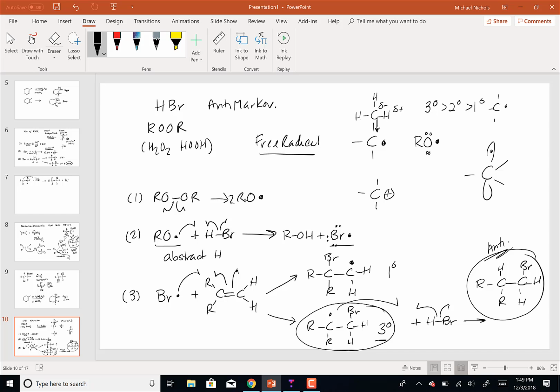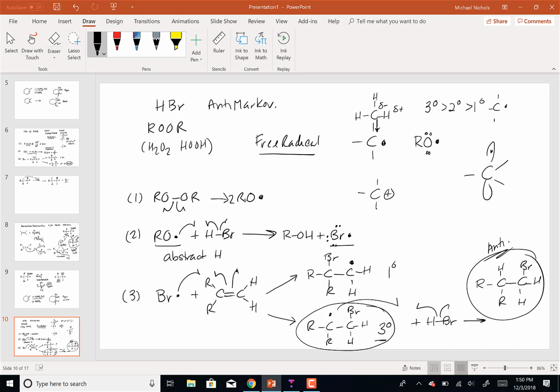So in order to do this reaction, in order to do HBr addition anti-Markovnikov, I had to completely change the mechanism to a free radical based one. Okay. And notice that I started by breaking apart one peroxide molecule.